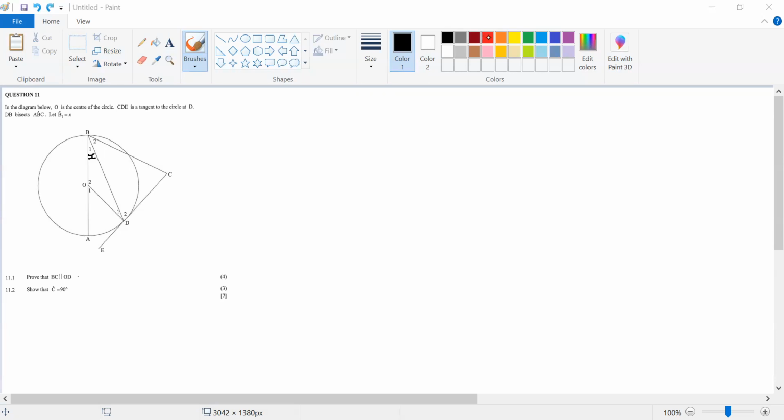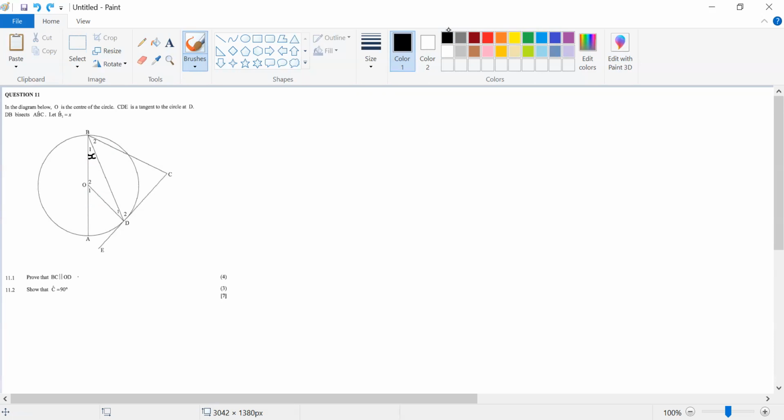So if we are able to prove corresponding angles are equal, and remember, we always work from what we know to what we don't know, then we'd be able to prove that this angle right there is equal to this angle right there, because those would be corresponding angles and they would be equal. So let's see if we can get that to be true.